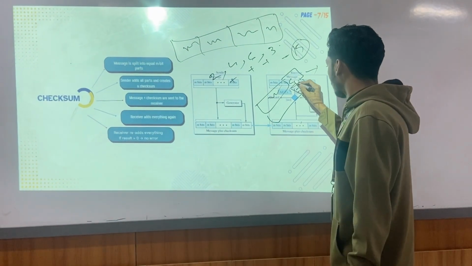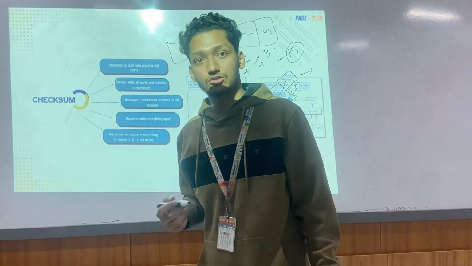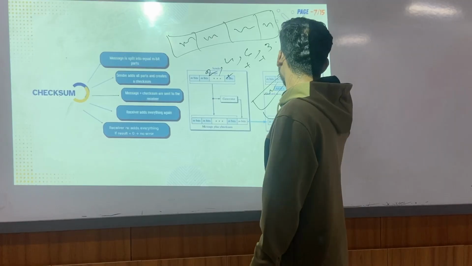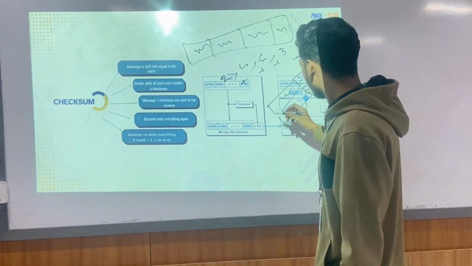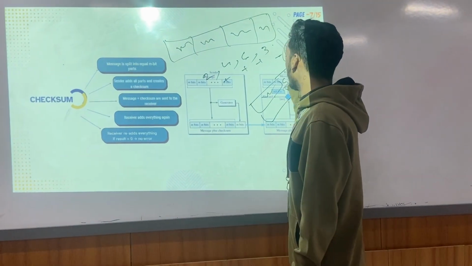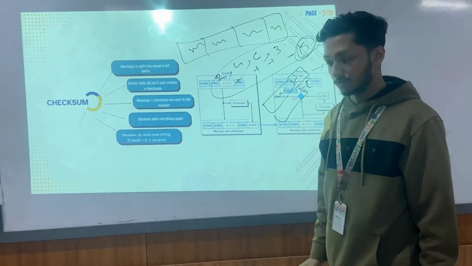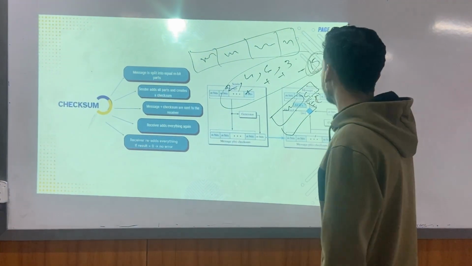Comparing two checksums is hard, so we can do one simple thing. We can complement the checksum. Then the sum of the total message becomes 0 and is sent to the receiver.